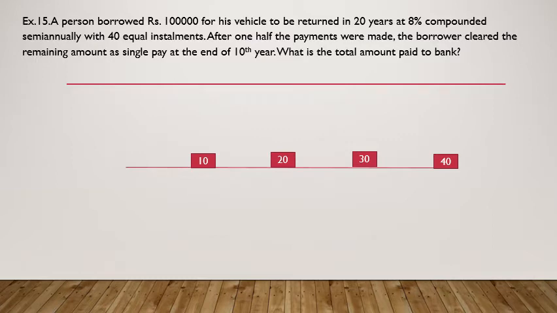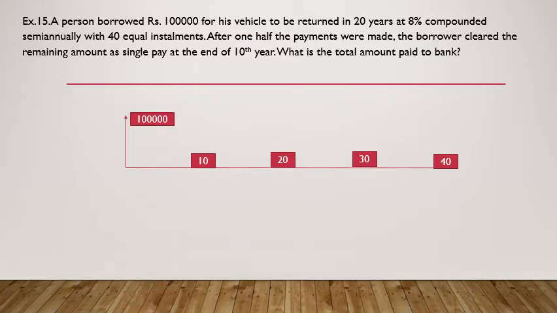These are some of the important points you need to remember in this problem. It's not annual compounding, it is semi-annual compounding, and the number of installments is not 20, it is 40. So that's why I indicate 40 points or 40 nodes in the timeline, unlike the earlier timelines.